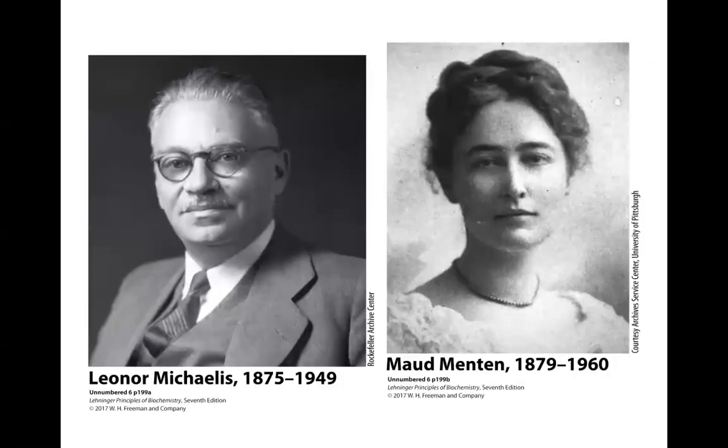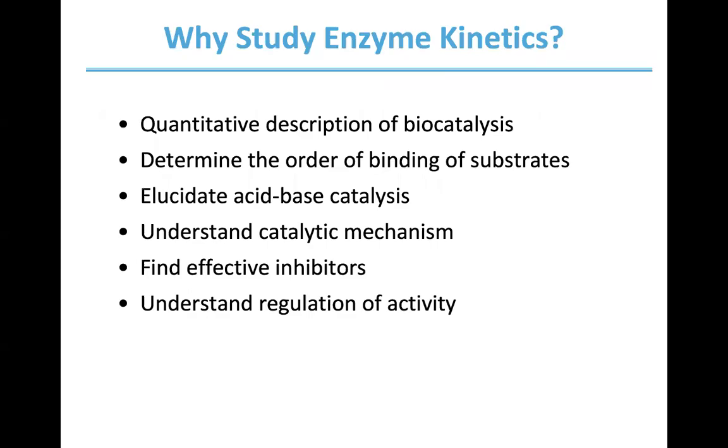All right, the two people who actually put forward the kinetic theory that we're going to talk about are Michaelis and Menten. Oftentimes the kinetics that we're going to discuss today is known as Michaelis-Menten enzyme kinetics. So what do we need to study?